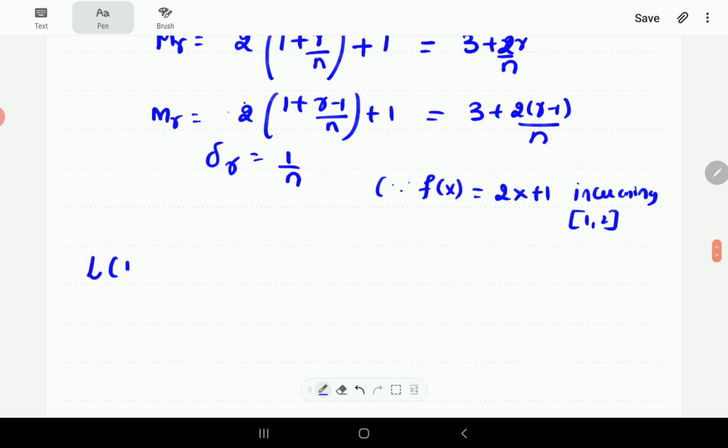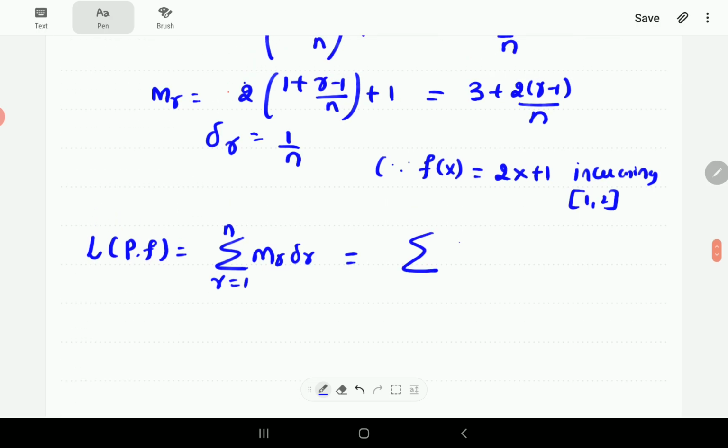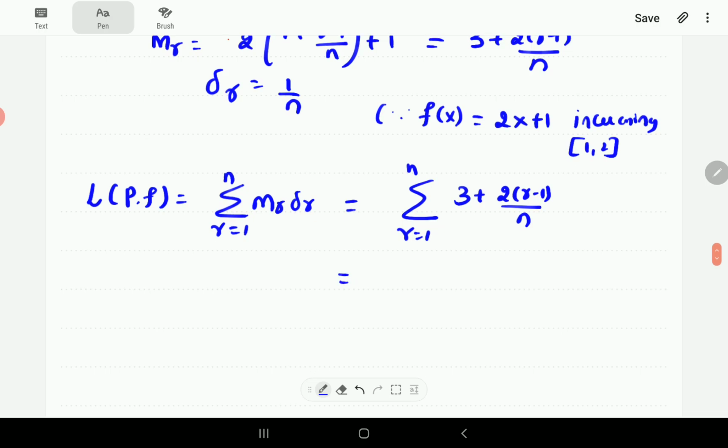Now the lower Darboux sum is equal to summation of small m_r delta r, r running from 1 to n. This is equal to summation of, what is our small m_r, that is 3 plus 2 into (r minus 1) upon n, r running from 1 to n. Now if I take the LCM here, let me write this as (3n plus 2 into (r minus 1)) upon n.